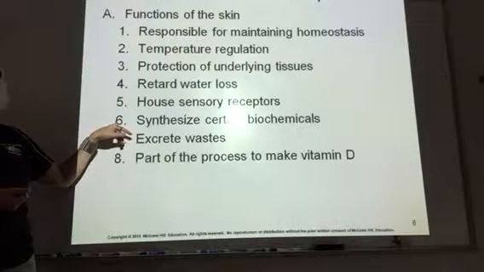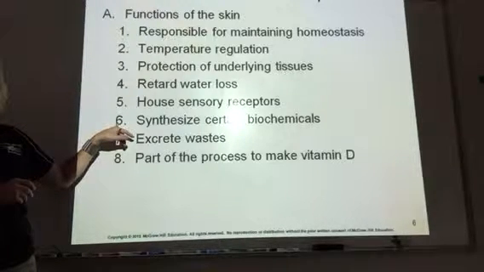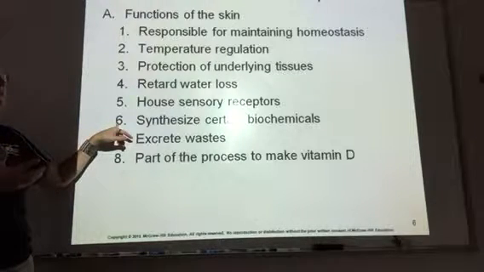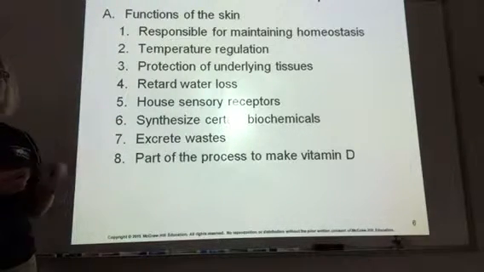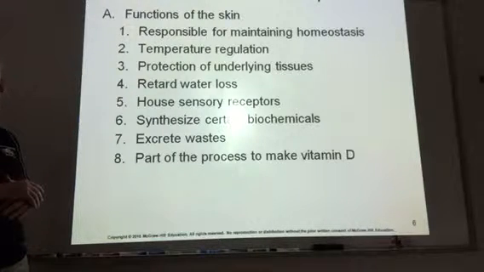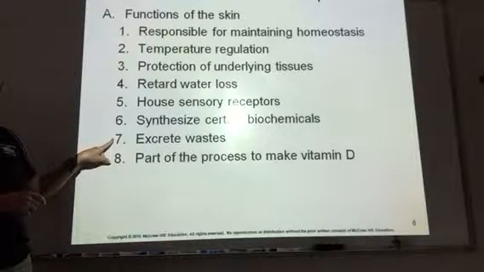The skin also produces certain chemicals, from melanin that gives your skin color to different chemicals that maintain the fluidity or elasticity of the skin. It helps to get rid of wastes.